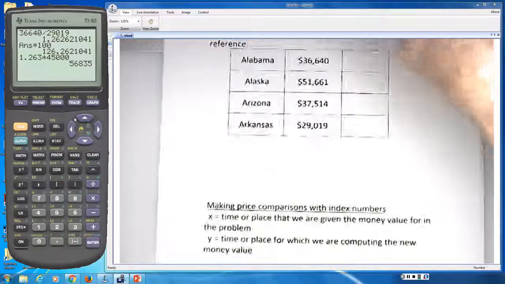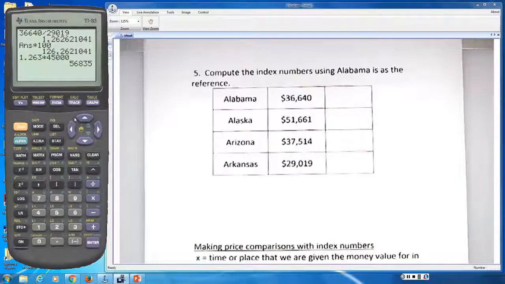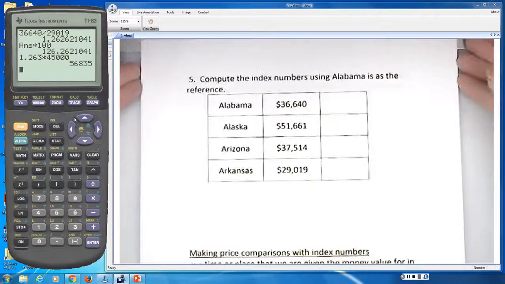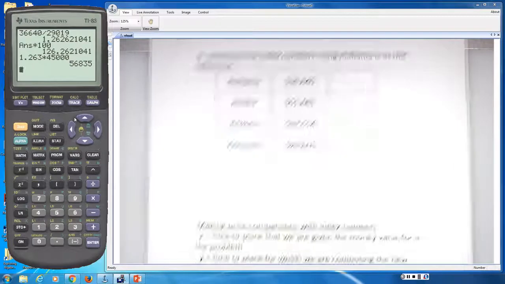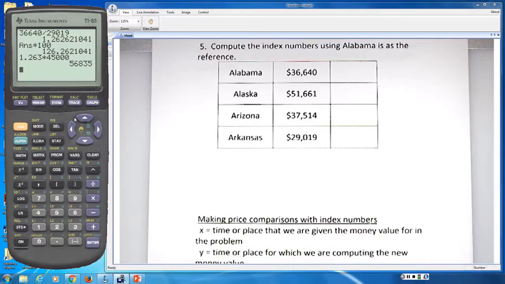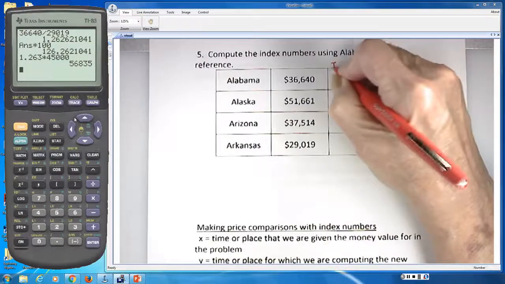Let's look at number 5. Now, I'm going to have you do the computing. But I'm going to ask you a question first. Compute the index numbers using Alabama as the reference.